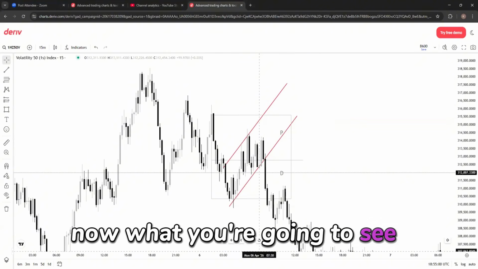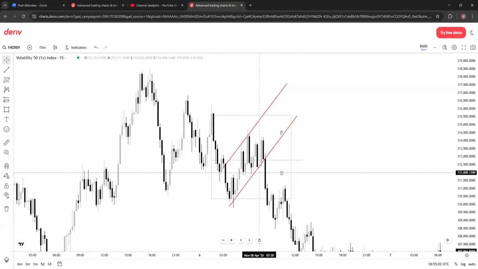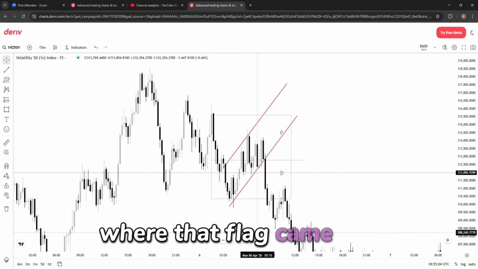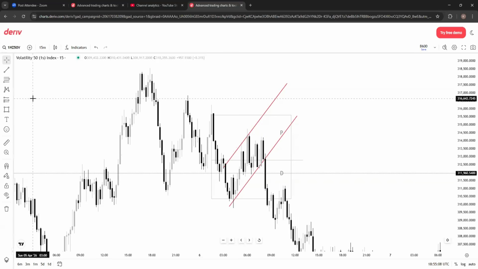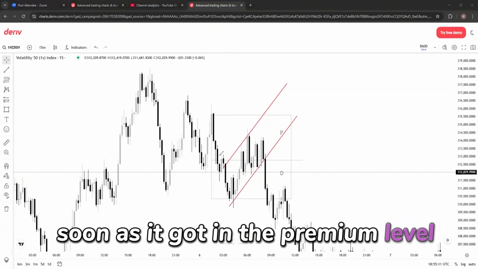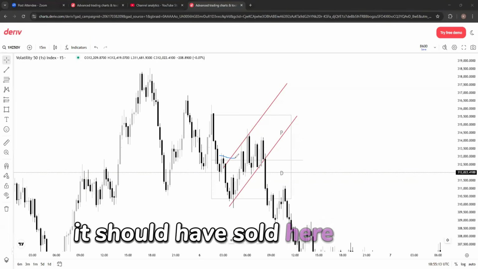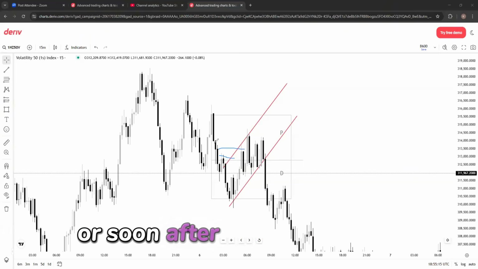Now, what you're going to see is where that flag came. It should have sold here as soon as it got in the premium level. It should have sold here or here or soon after covering this gap. But what did it choose to do?